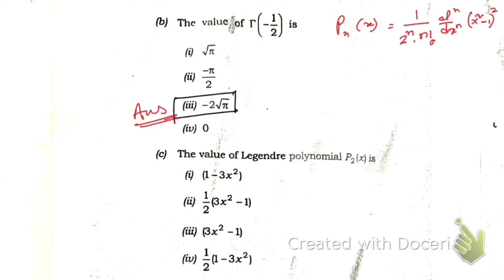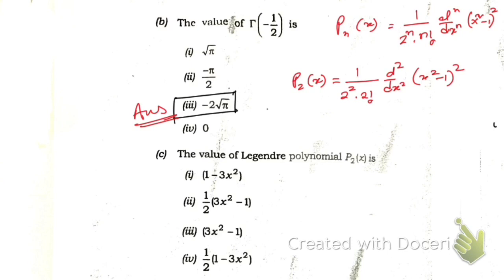We need to find P2 of x now, so replace n by 2. Then you will get 2 square and factorial 2, times the second order derivative with respect to x of x square minus 1 whole square.